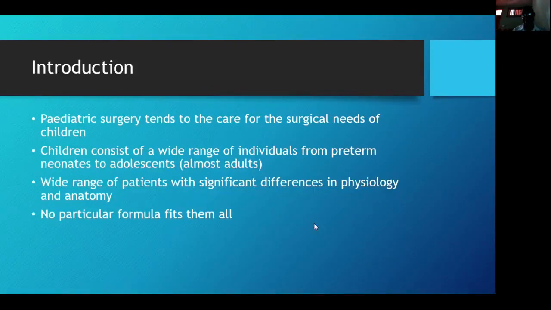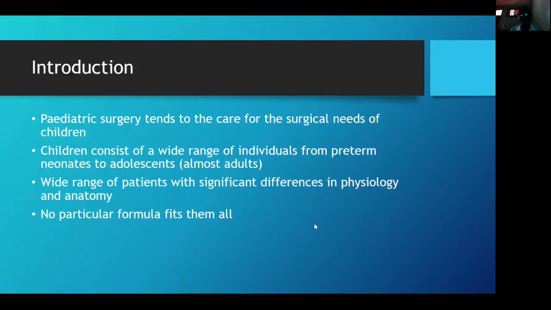For instance, among infants, basically, when you talk about neonates, they are still transitioning from intrauterine life, which was largely dependent, and by the time they become infants, they are transitioning into an extrauterine life.